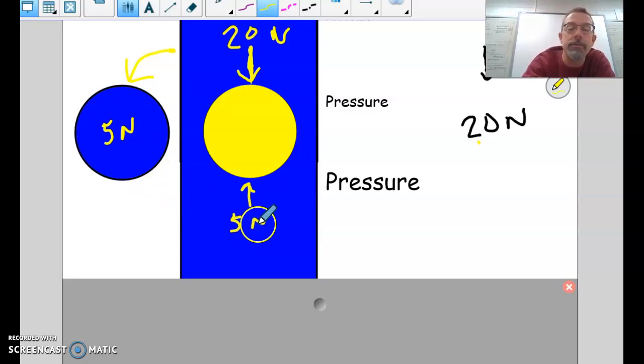These two values are equal. The weight of the water displaced equals 5 newtons, which means that in water, this object would not weigh 20 newtons. It would weigh 20 minus 5. It would weigh 15 newtons. That's because of that buoyant force there.